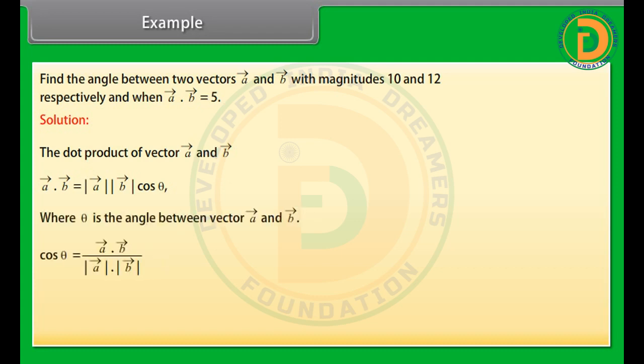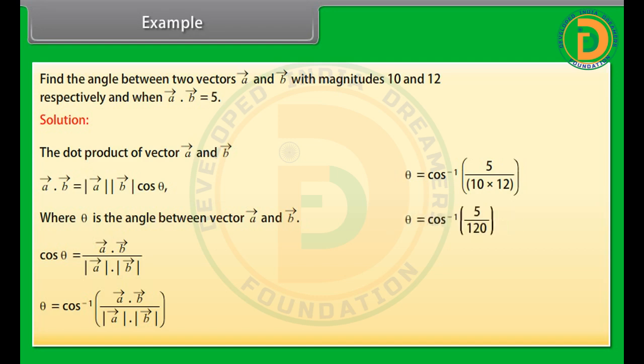Cos theta is equal to the dot product of vectors A and B divided by the magnitude of vector A times the magnitude of vector B. Theta equals cos inverse of the dot product of A and B divided by the product of magnitudes. Theta equals cos inverse 5 by 10 times 12.